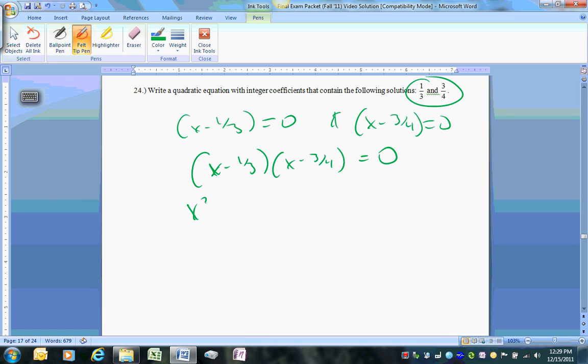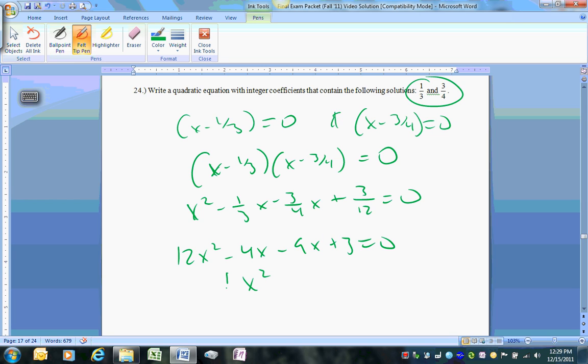So if you FOIL it, you get x² minus 1/3 x minus 3/4 x plus 3/12. So we can multiply everything by 12. 12x² minus 4x minus 9x plus 3 equals 0. So 12x² minus 13x plus 3 equals 0.